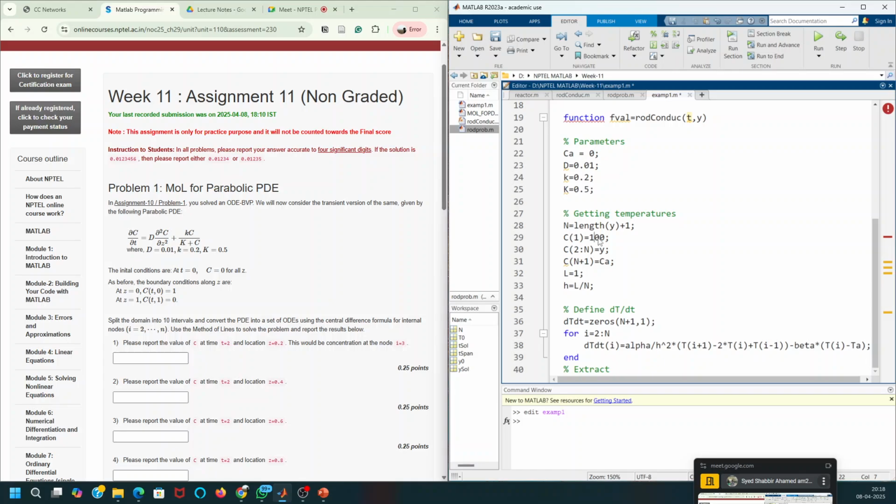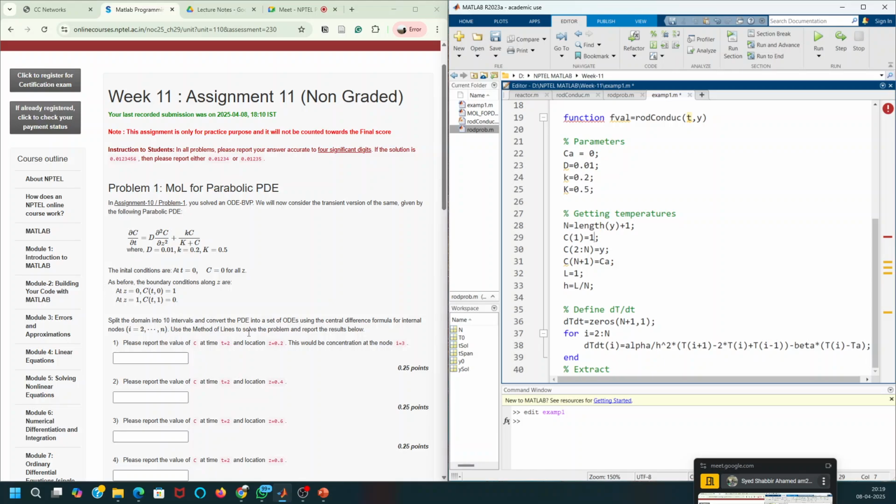At the first point the concentration is 1, and at the end the concentration is 0. Z is also equal to 1. The length here is also equal to 1.